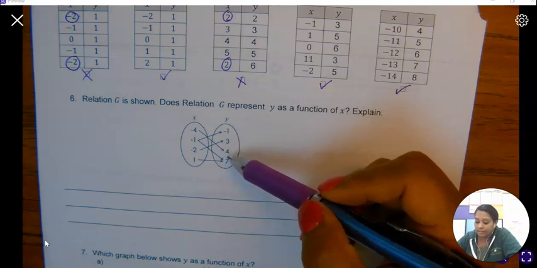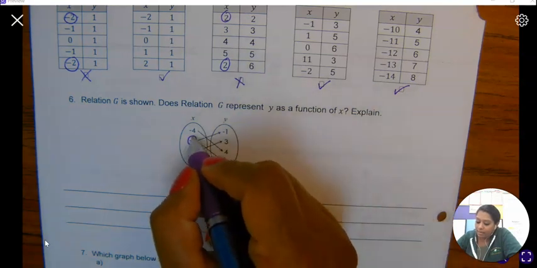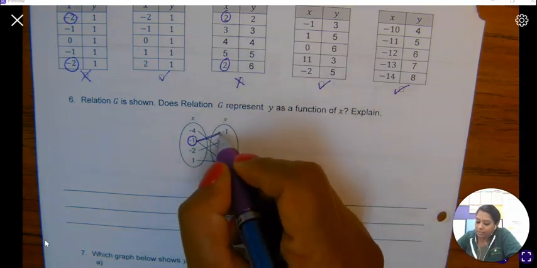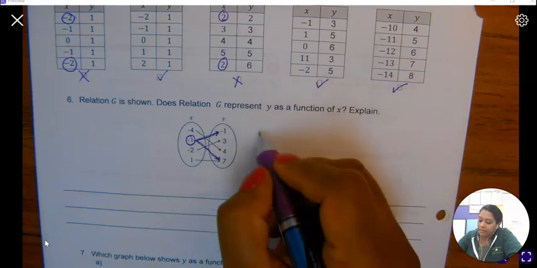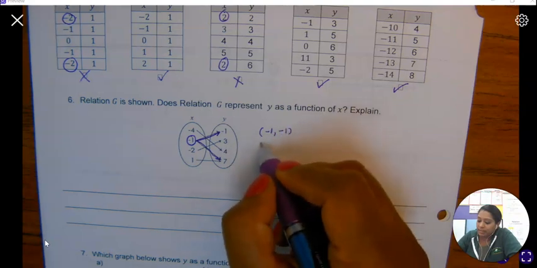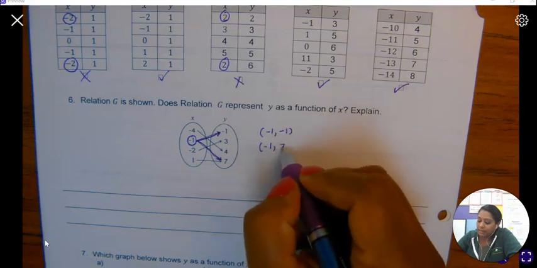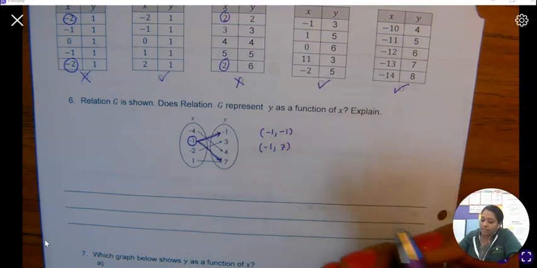That's fine. It doesn't go to anything else. But when I look at -1, it has two outputs. It's going to -1 and it's going to 7. If I were to write these coordinates out, -1 goes to -1, and -1 also goes to 7. See how the x is repeating, which is not a function.